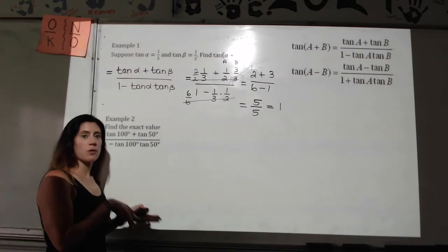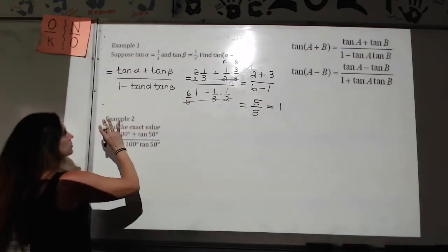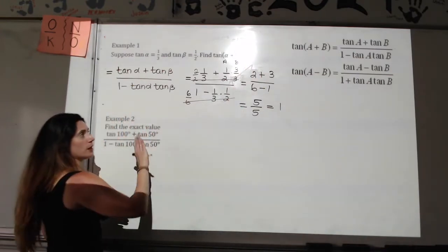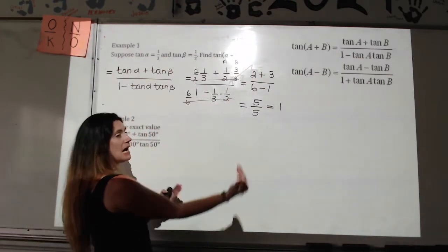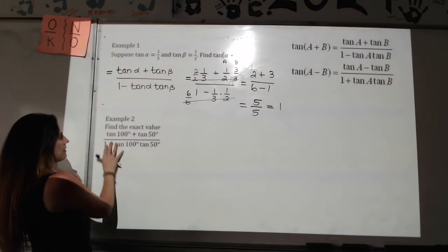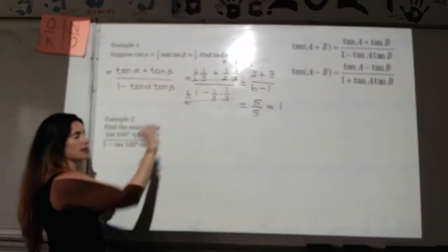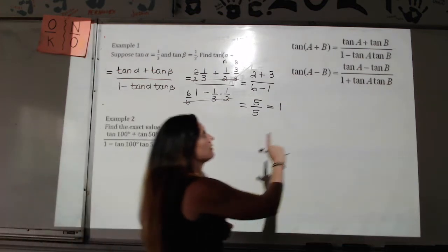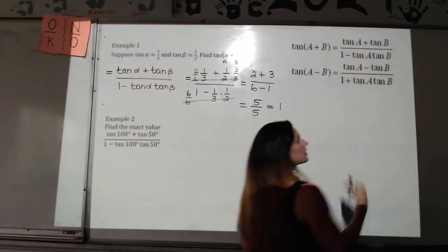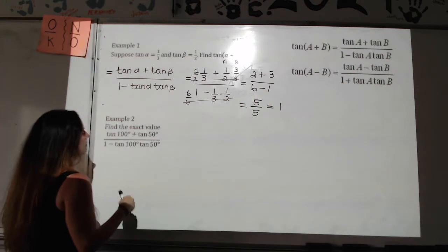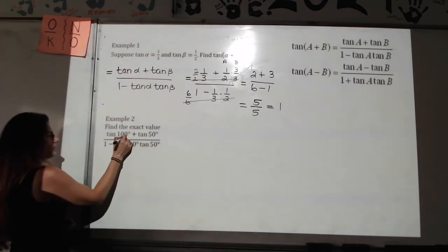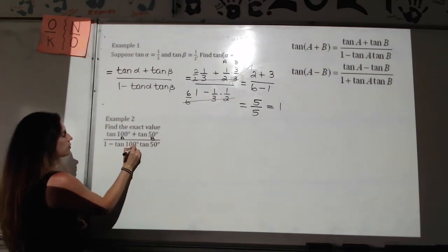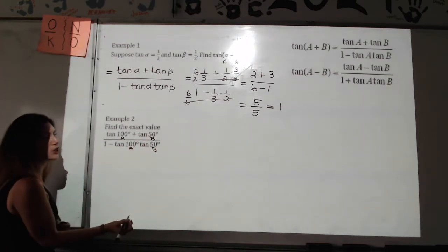Now I want to show you how to work one backwards. So in this one, I wanted to find the alpha plus beta and apply the formula, giving everything out. Now I want to work it backwards and see if I can match this formula to the right-hand side of one of those. So if I have a plus here and a minus there, it looks like I'm still working with the formula I used in example 1, but now I'm going to work it backwards, where the 100 is the A and the 50 is the B. And you'll notice that matches up to be an A here and a B here.